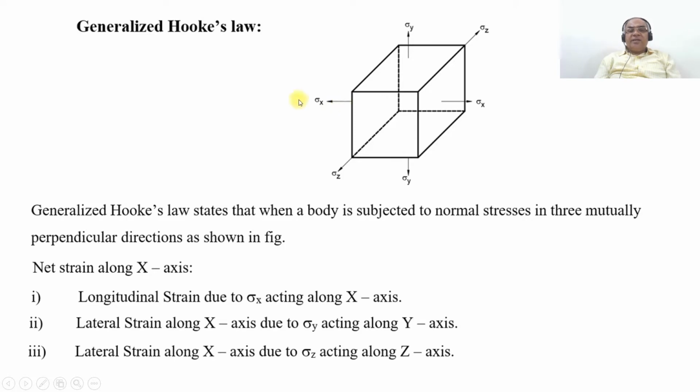So when you are considering the x axis, longitudinal direction is along the x direction only. Now considering sigma y with reference to x, it becomes lateral. Sigma z with reference to the x axis also becomes lateral. That is the meaning of this.